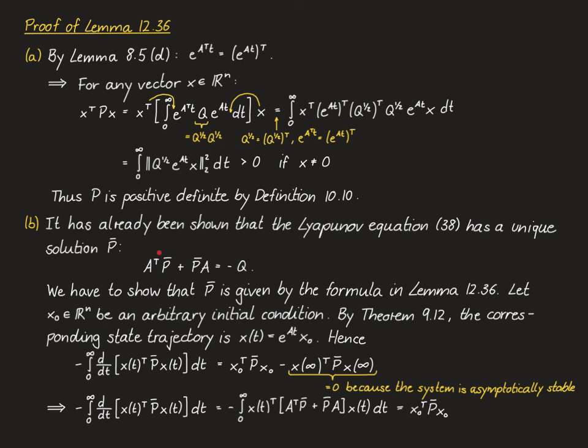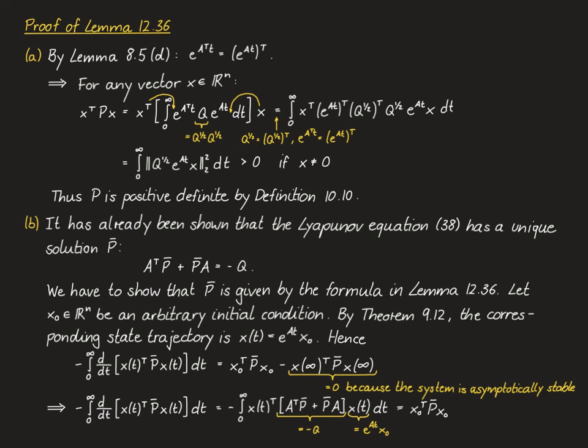By virtue of the Lyapunov equation, we can now substitute minus Q for this matrix here, and by the fact that we have expressed the state trajectory up here, we can express x of t by e to the At times x naught.